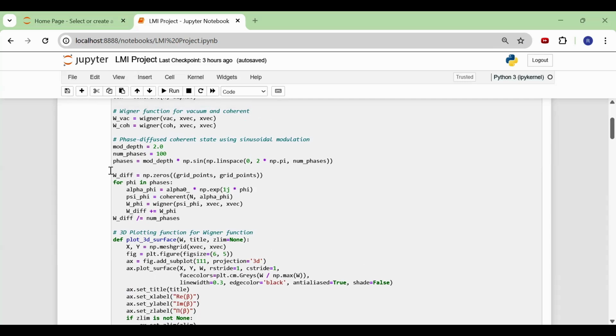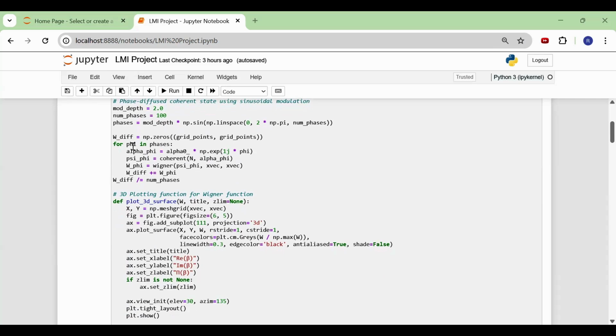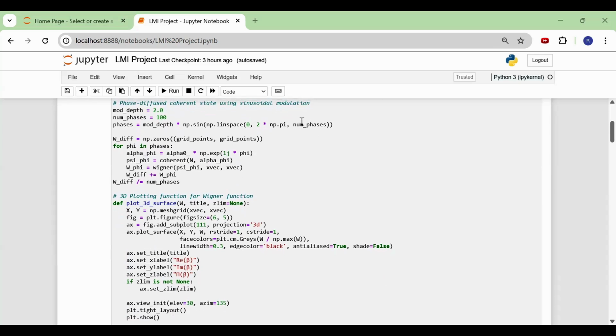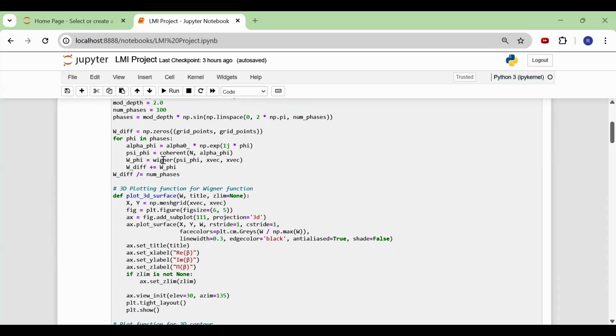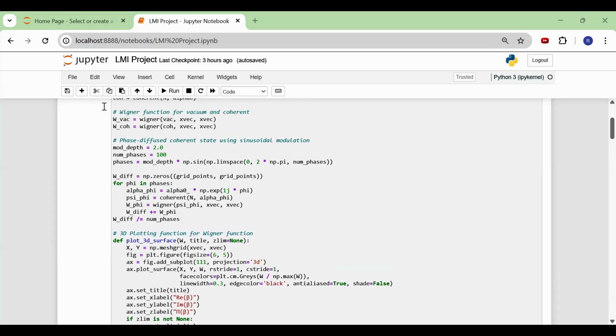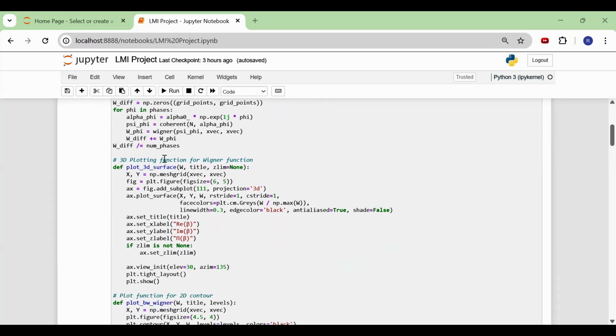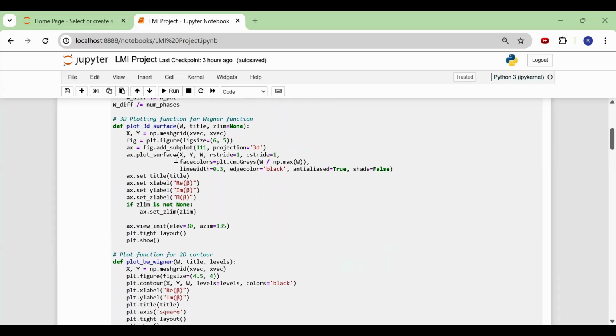So I have taken a sinusoidal phase modulation, and I ran a loop over the phases, where phases is 100, and it runs from 0 to 100, and using this loop I have calculated the Wigner function for the phase diffused coherent state.